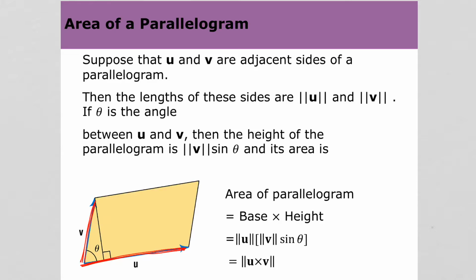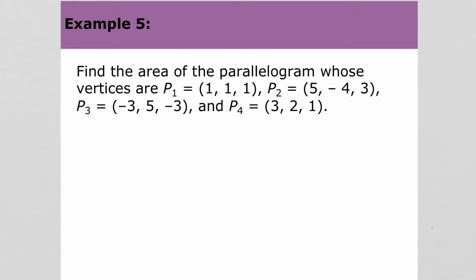And then take the magnitude of that, and that gives us our area. So find the area of this parallelogram. We've got 4 points for this parallelogram. We need 2 adjacent sides.